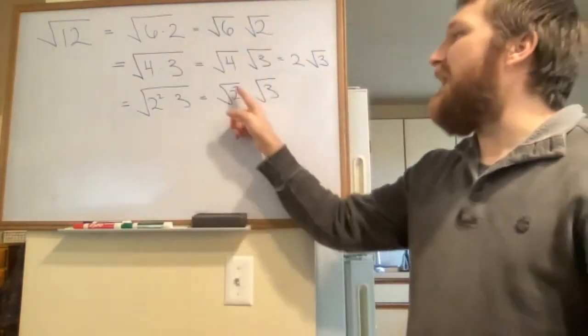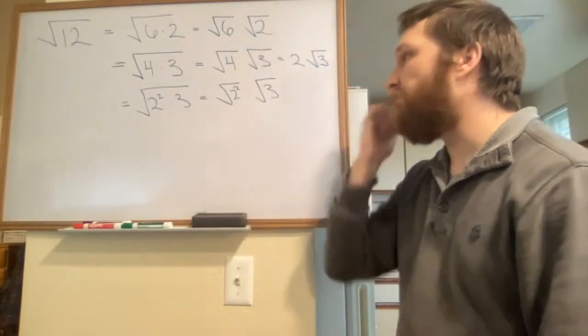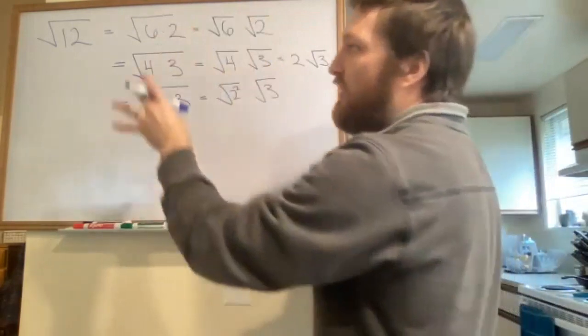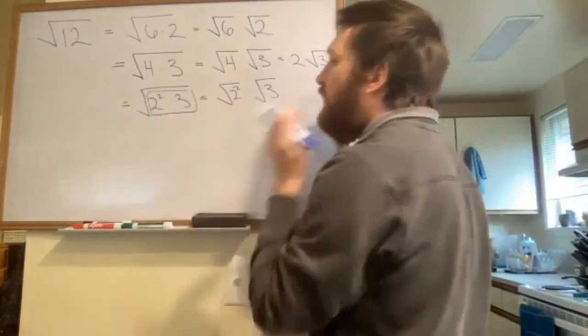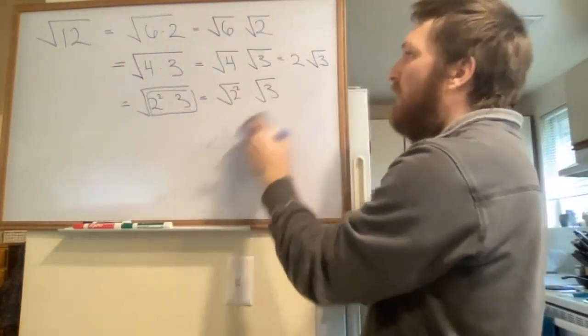And then we see the 2 cancels with the square root. I prefer, when doing these, to break everything down like this. I'll show you why in just a second. So moving on.